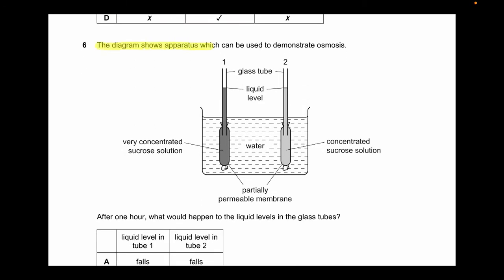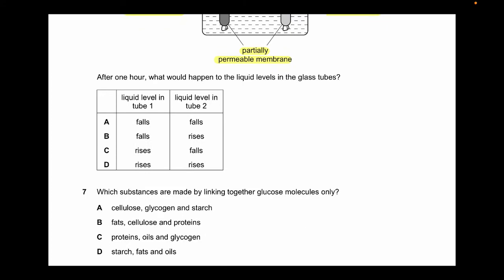The diagram shows apparatus which can be used to demonstrate osmosis. Okay, so we have glass tube 1 and 2. Glass tube 1 contains a very concentrated sucrose solution with a partially permeable membrane, and glass tube 2 also contains concentrated sucrose solution with a partially permeable membrane. After 1 hour, what would happen to the liquid levels in the glass tube?